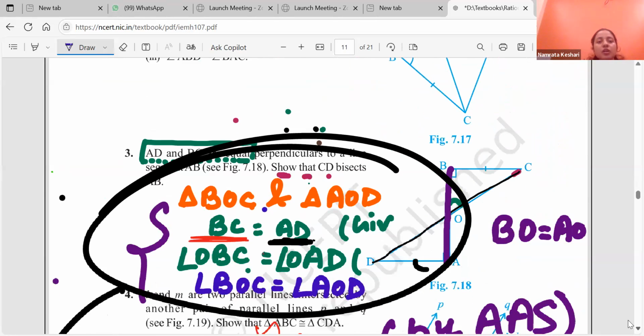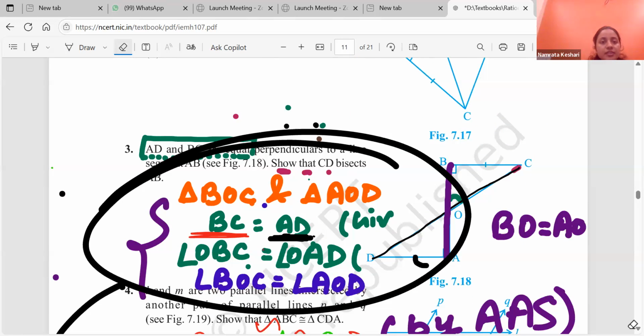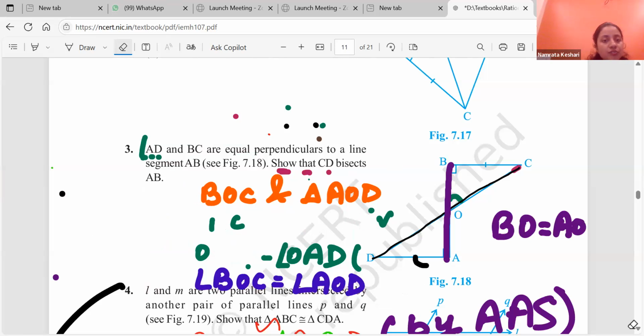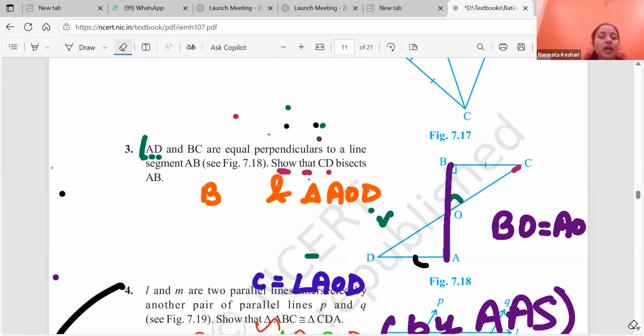Okay, this particular question you can see it again, that what we did, how we process the data, how we realize what we have to do. Because in this question it was not written that please prove this triangle, that triangle congruent. It was not written at all. What was written?